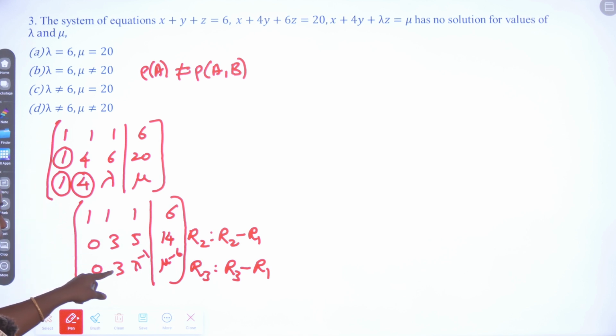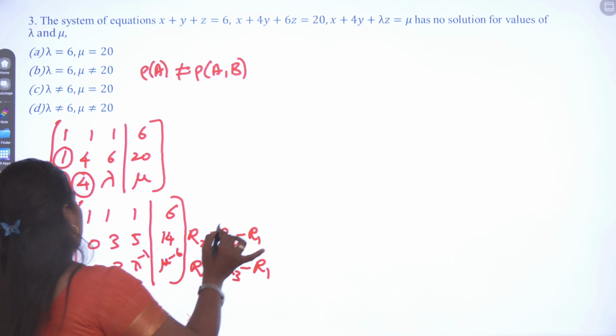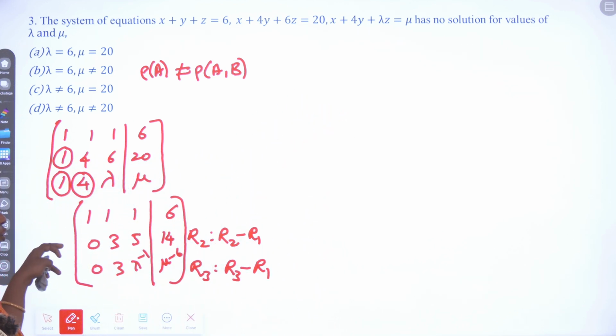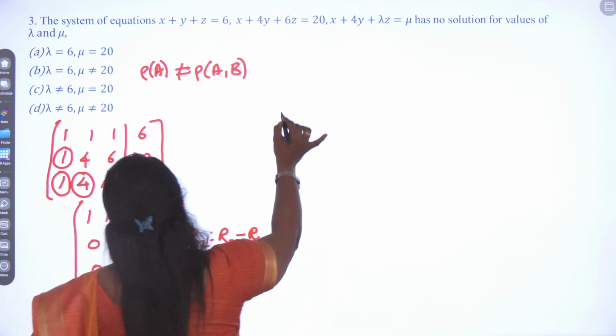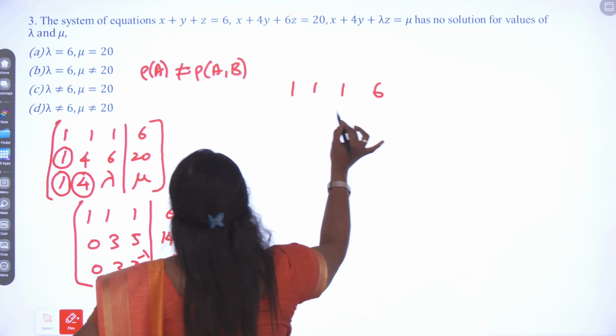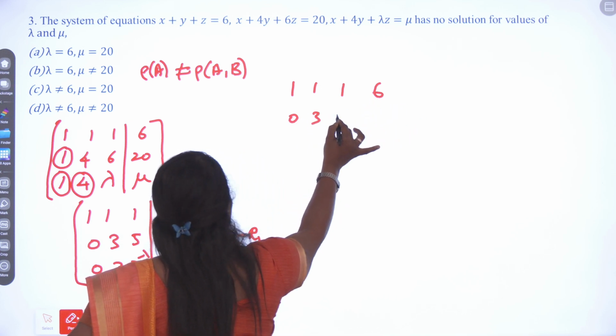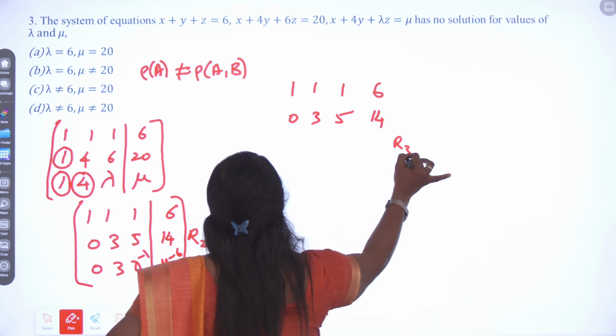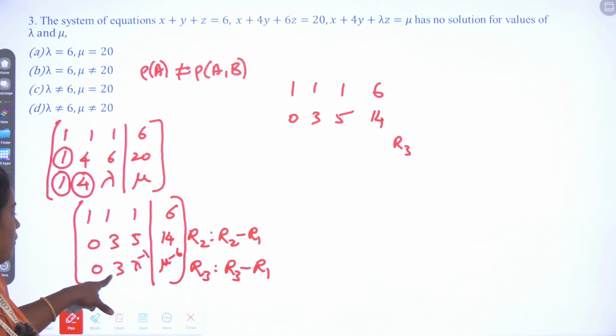Now we have to convert this element to 0. So the first two rows stay as they are, 1, 1, 1, 6 and 0, 3, 5, 14, and in R3 we have to convert this element to 0 using R2.